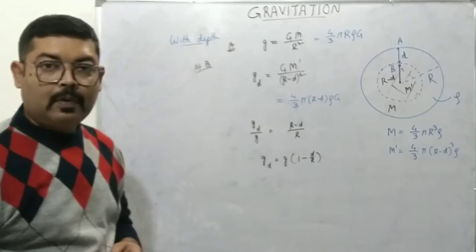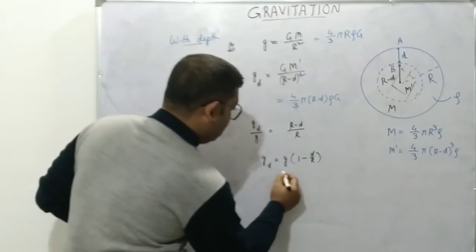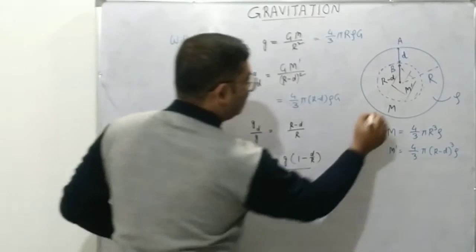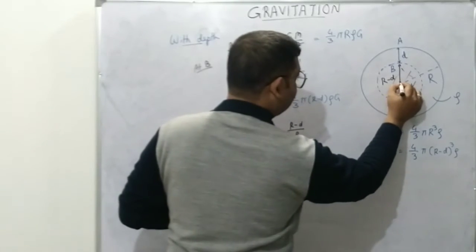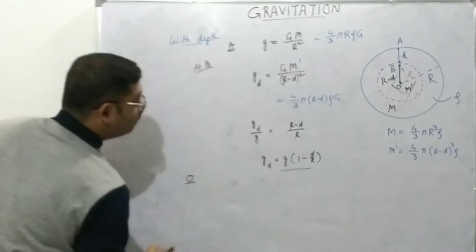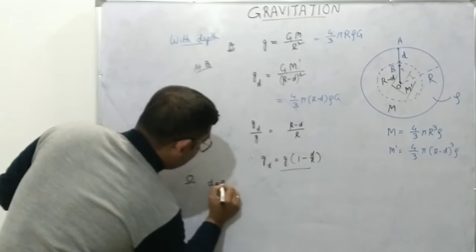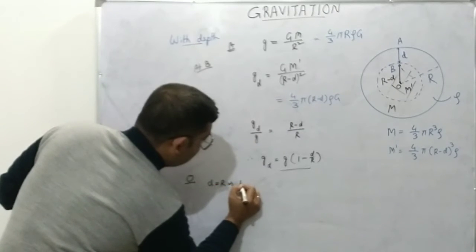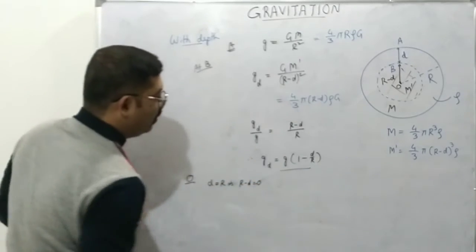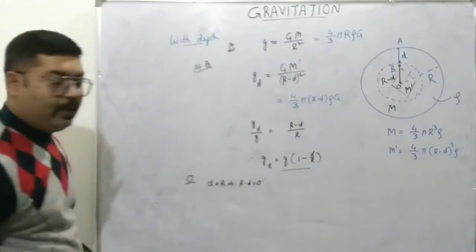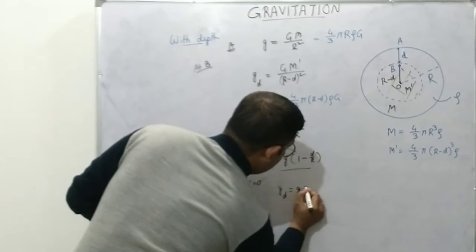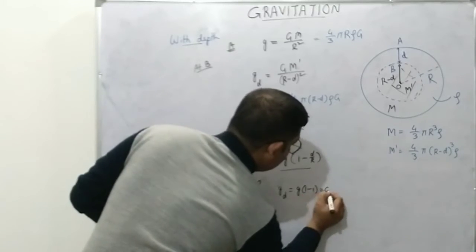Okay. Now, if we consider the center of Earth, this point O, at center of Earth O, d will be equal to R, which means R minus d will be 0, or this term will be unity, which means g_d will be g into 1 minus 1, that is 0.